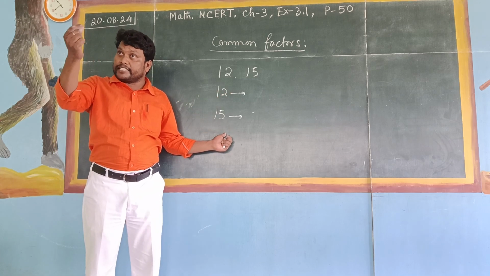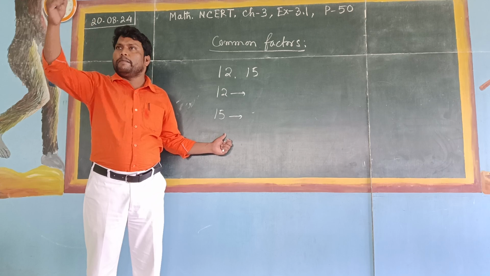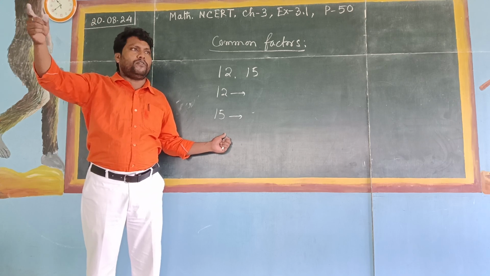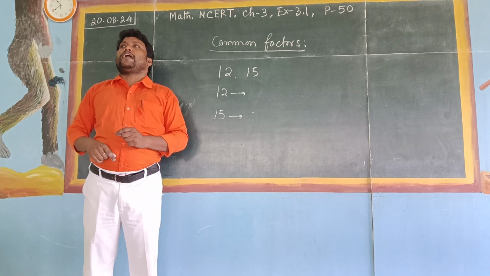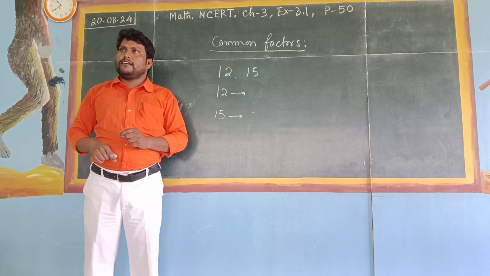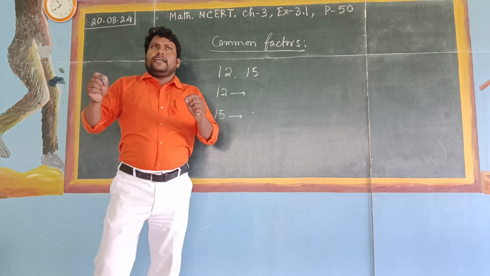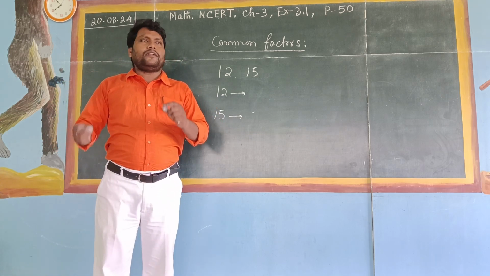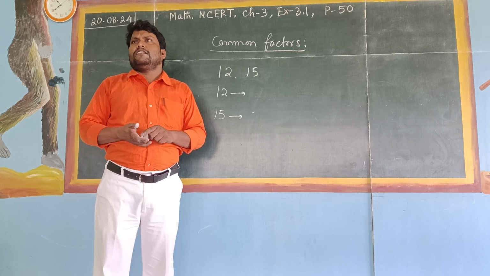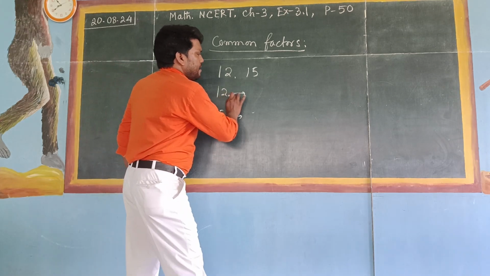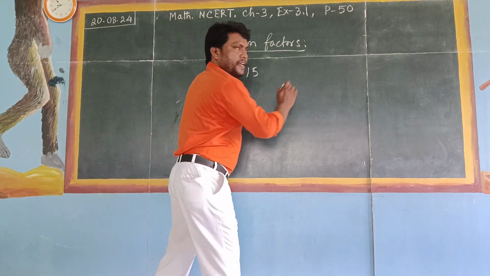Then we will get the least common multiple. Then multiply by 2, multiply by 3, multiply by 4. These are all the common multiples. Understand? But in the lower classes, standard 2, 3, we use the table of 12 and the table of 15.